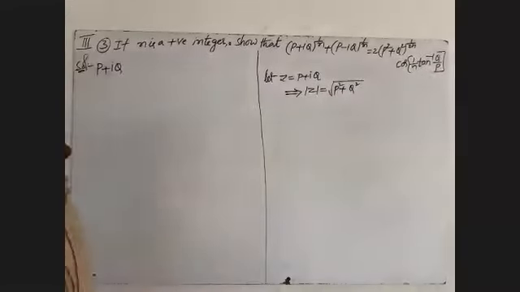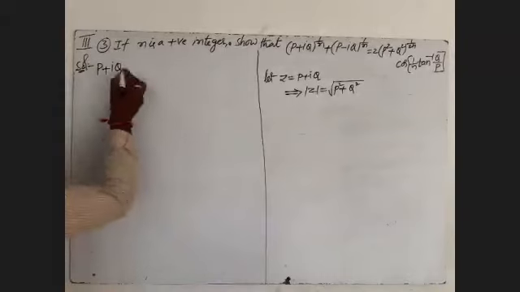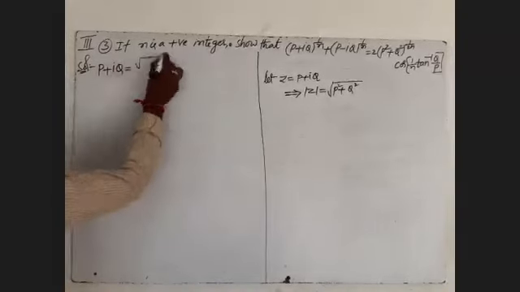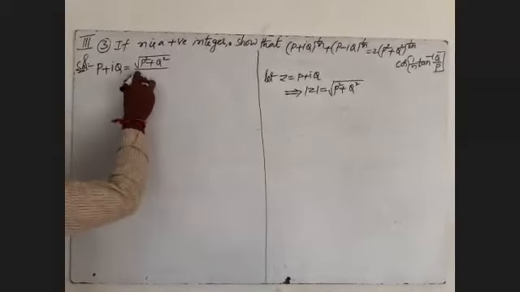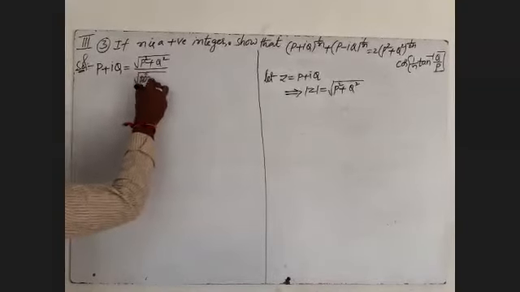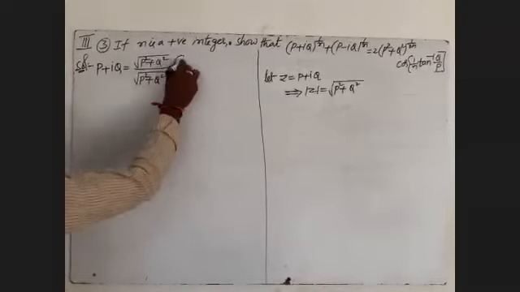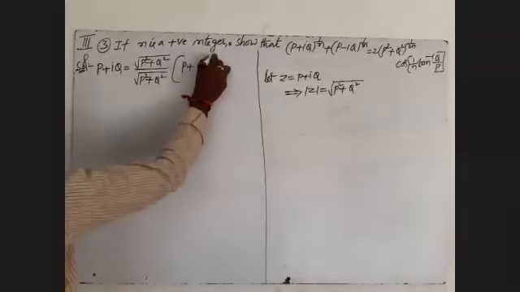Here also we write root of p square plus q square by root of p square plus q square into p plus iq.